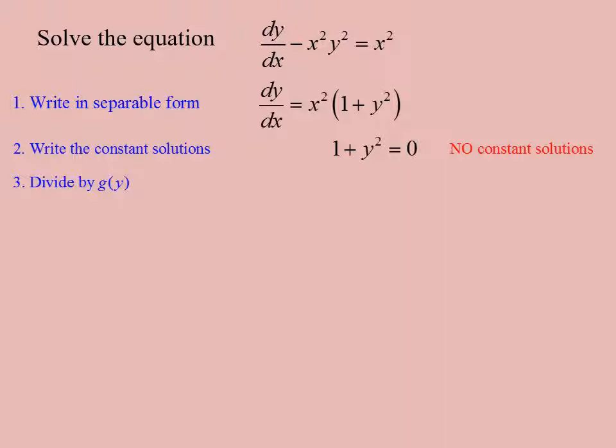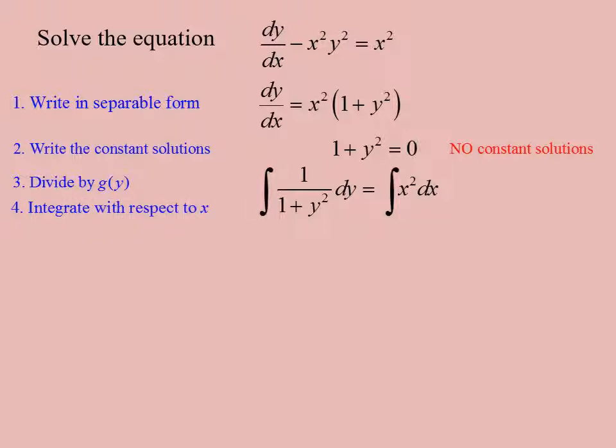However, to get this in a form where we can solve it, we divide both sides by the 1 plus y squared and multiply both sides by dx, if you will, to get all of the y's on one side and all of the x's on the other side. And then we integrate both sides.